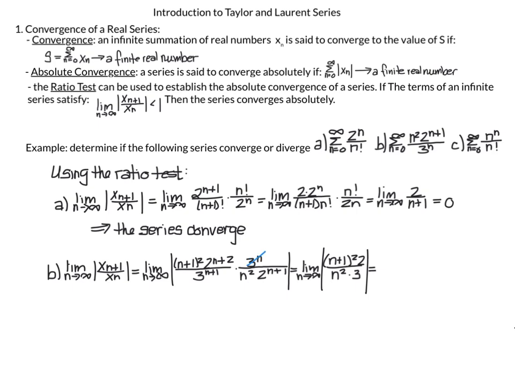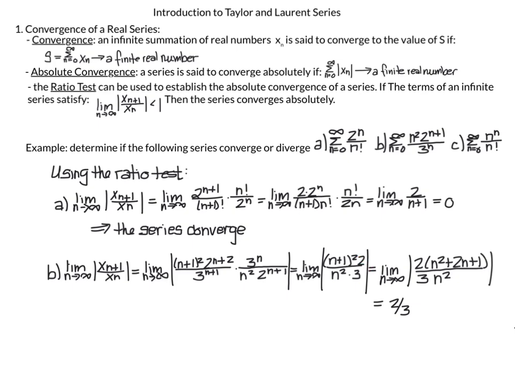My 3 to the n cancels, so I'm left with the 3 on bottom. My 2 to the n plus 1 will cancel with all but one of the 2s. So what I'm left with is my n plus 1 squared, a factor of 2, and on bottom n squared and a factor of 3.